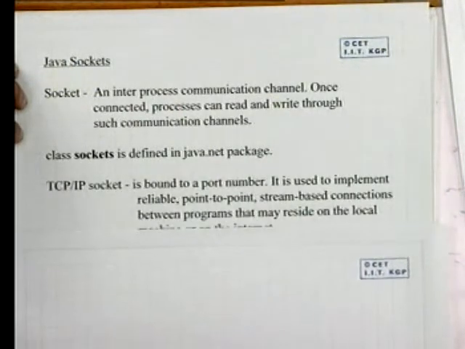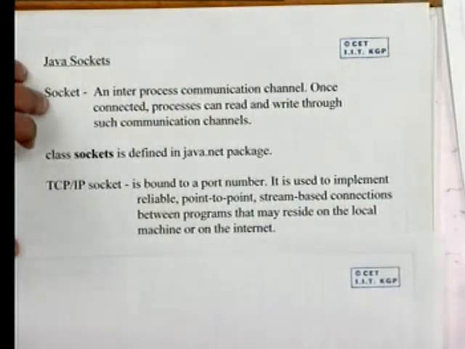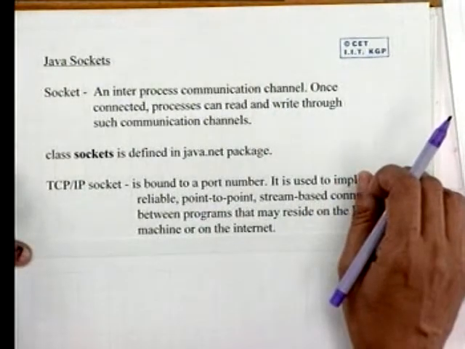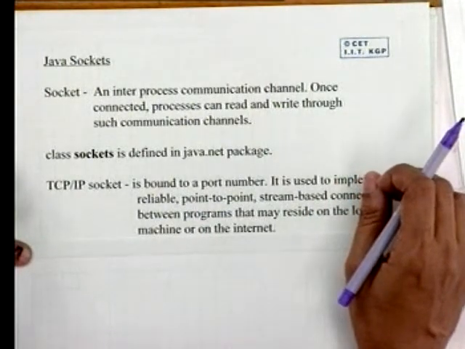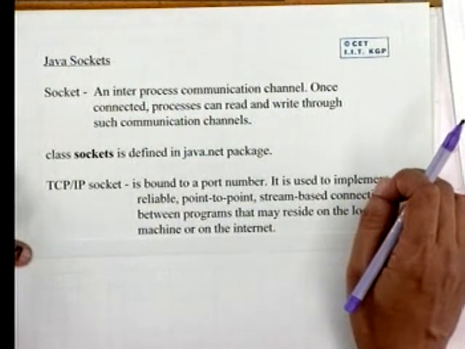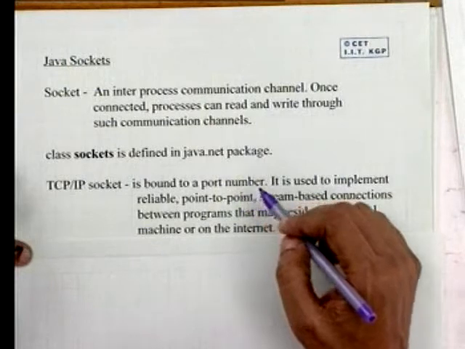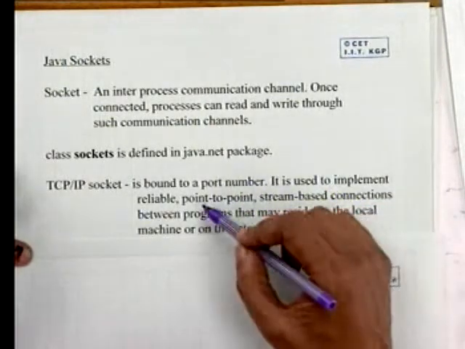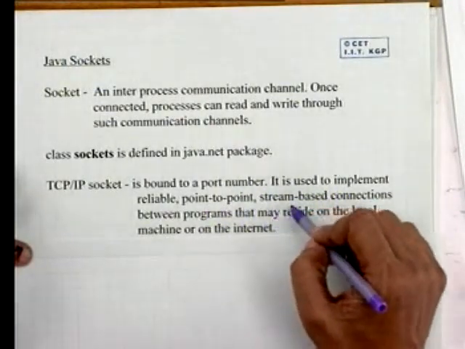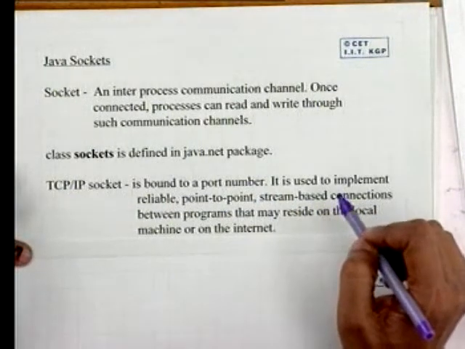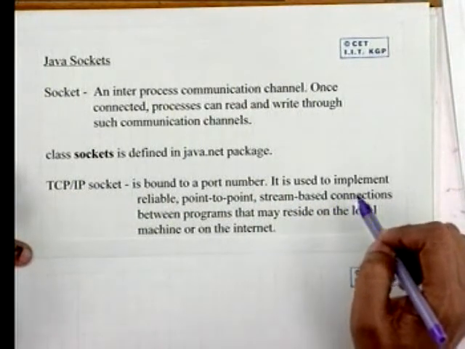Java also supports a type of socket called a TCP/IP socket, which is useful in internet programming, communication through the internet. This type of socket has a port number associated with it, and it is used to implement point-to-point stream-based connections between programs that may reside on the local machine or on the internet.